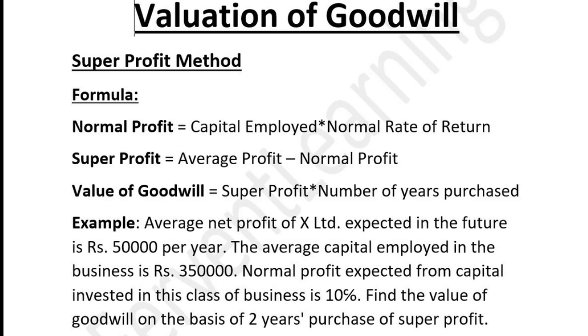Find the value of goodwill on the basis of 2-year purchase of super profit. So, everything is already given in the sum: average profit, capital employed, normal rate of return, and number of years purchased. We simply put the figures in the formula to find out value of goodwill.